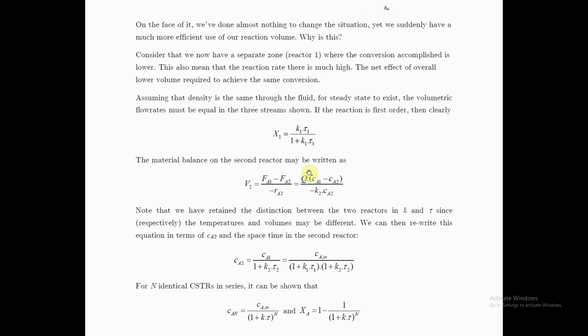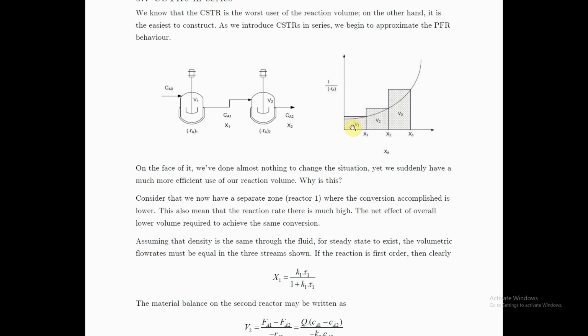Then going into the second reactor, the amount coming in is no longer FA0, it's now FA1, which we know, right? We've worked out what the concentration is here. So we've got the conversion and we've got the entry concentration.